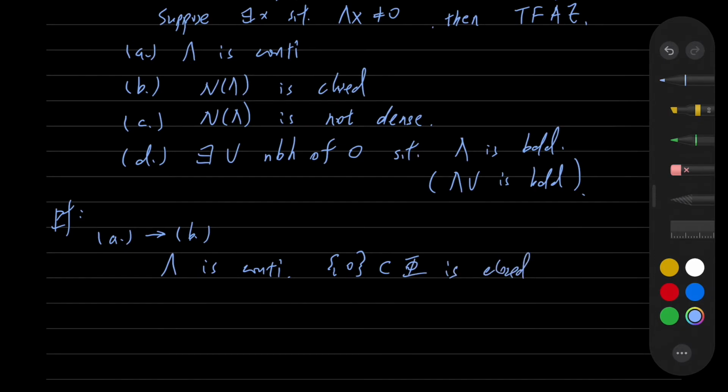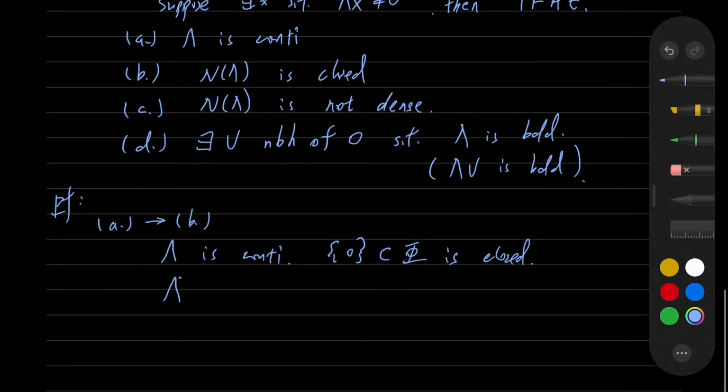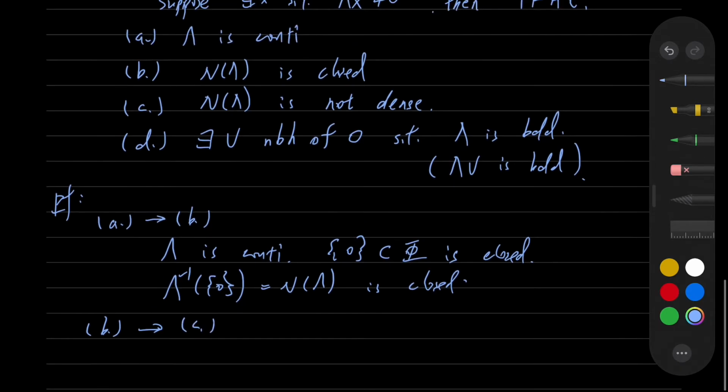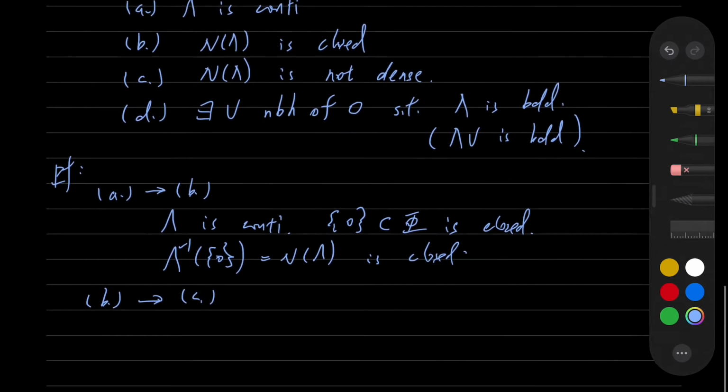And by the equivalent definition of continuity, the inverse image of a closed set is also closed. So this is just by definition. Next, B to C. If it is closed, then it implies that it is not dense.